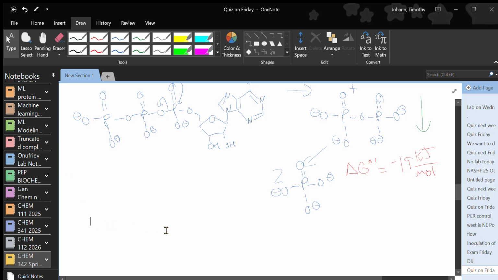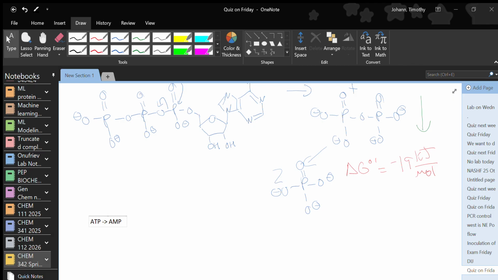So we have ATP goes to AMP, two ATP equivalents of energy have been used.